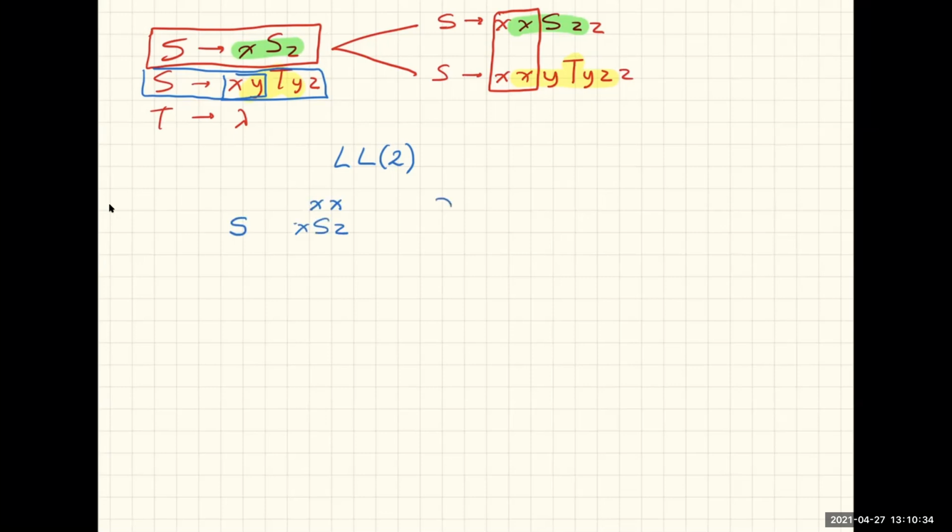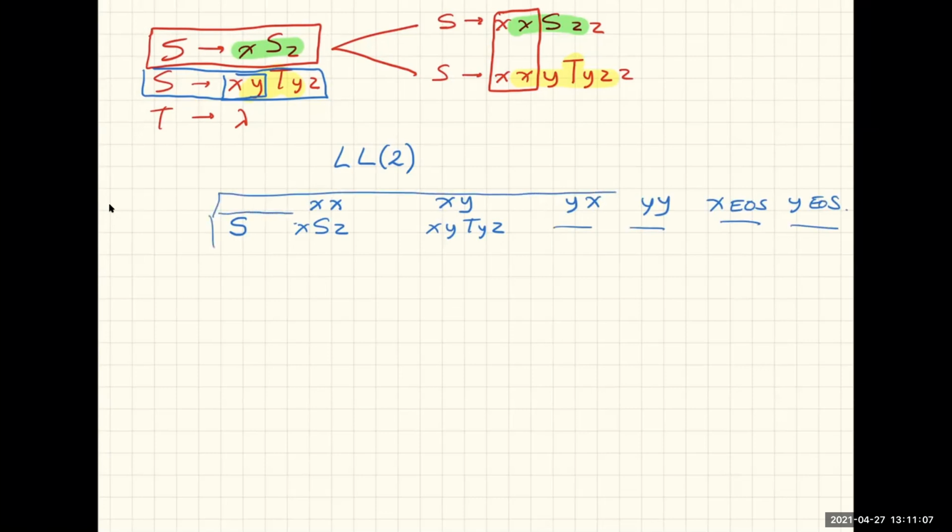And if we see XY, we need to apply the second rule. And that's it. If we have a T, we can just substitute it for nothing. And of course, we should explore other options like YX, YY, and X end of string, and Y end of string. In any of these cases it would be an error. So this would be the table of LL2.